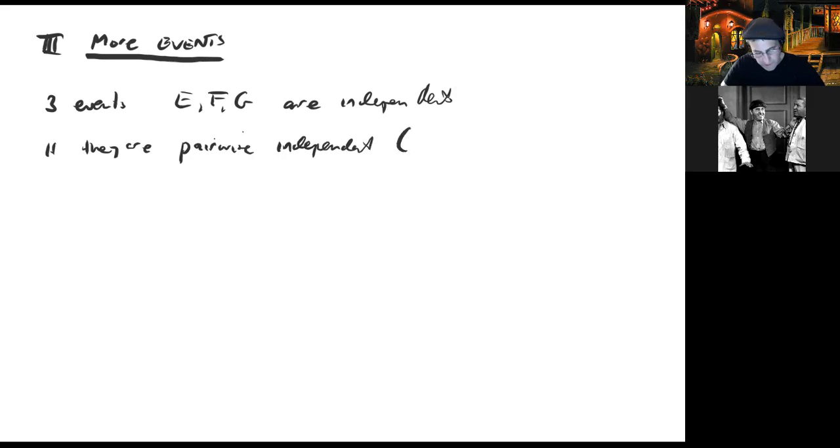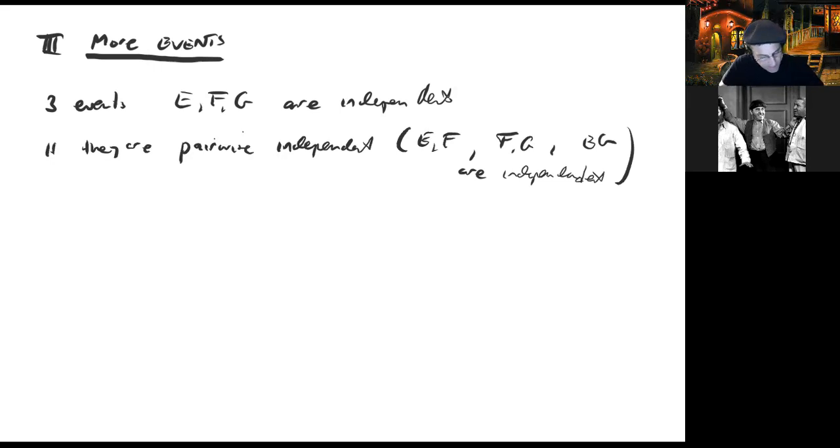This means that E and F, and then F and G, and also E and G are independent. So we take any pair.